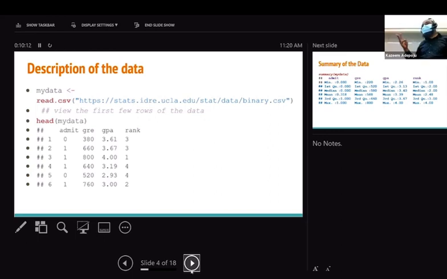And there are three predictors here that determine whether you're going to be admitted or not. We have the GRE, the GPA, and the rank. When I say rank, probably the rank of your undergraduate institution, because you are applying to graduate school. Now, this is just the first 6 rows of the data. We have a lot more data, and that data set is on that website.